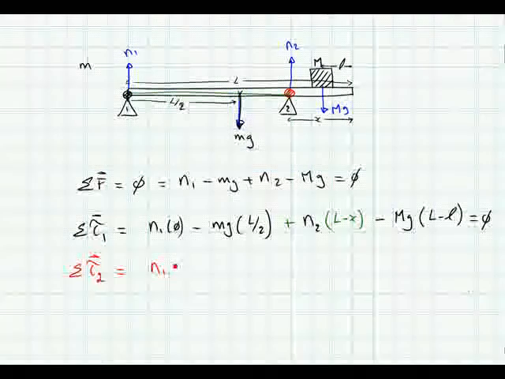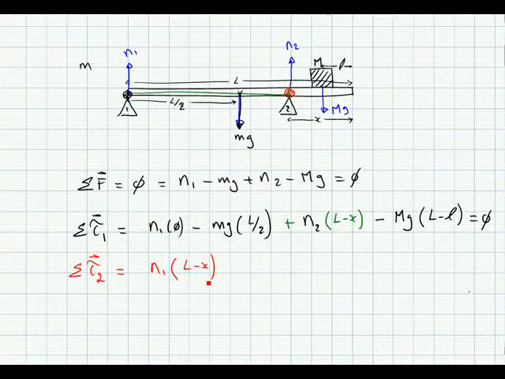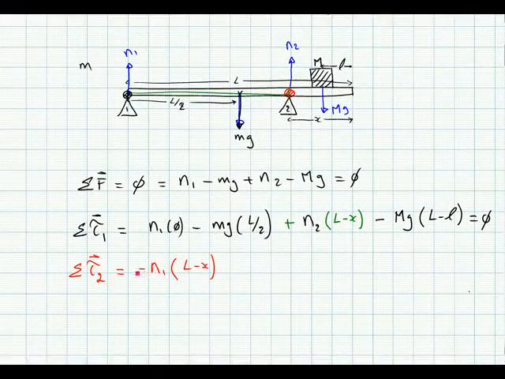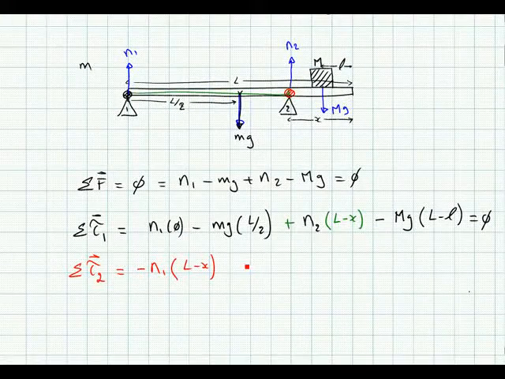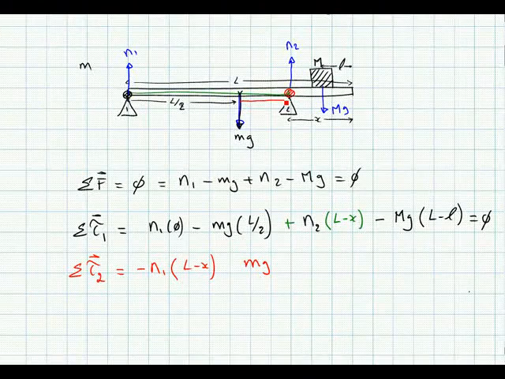We have n1, and the moment arm is L minus x, and n1 acting on its own on the beam about position 2 would cause a clockwise rotation, so it's a negative torque. Next force is mg, and what is that distance?